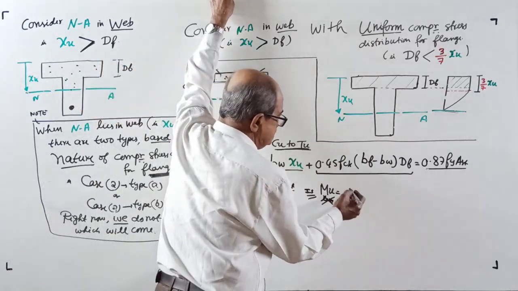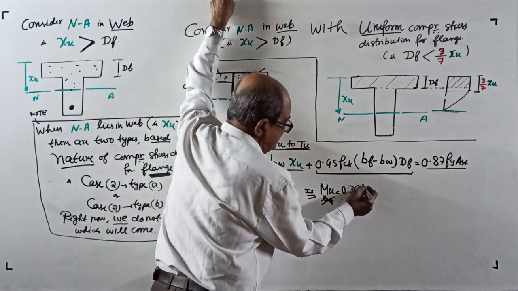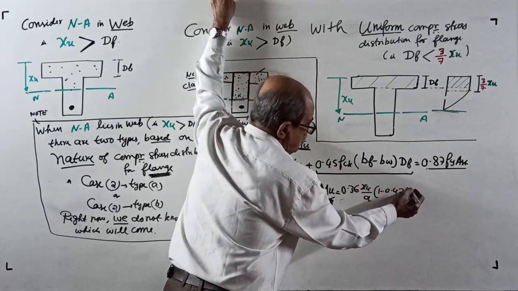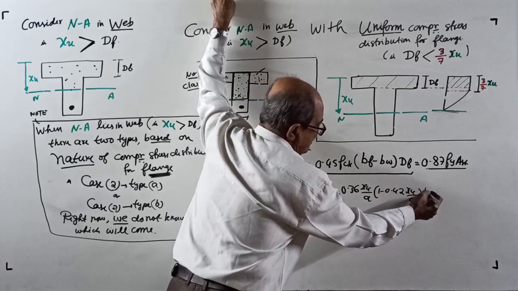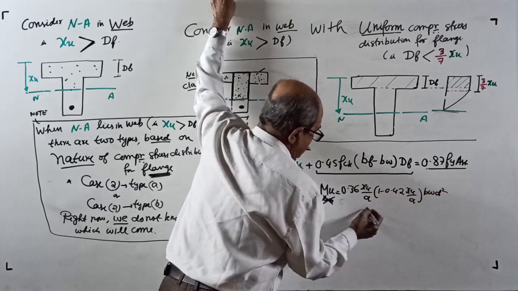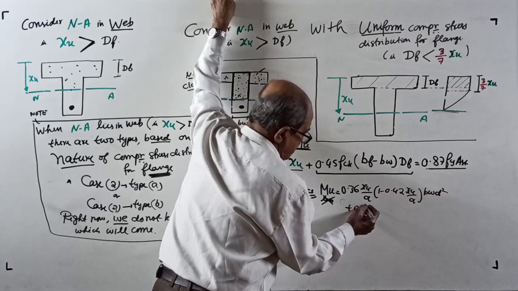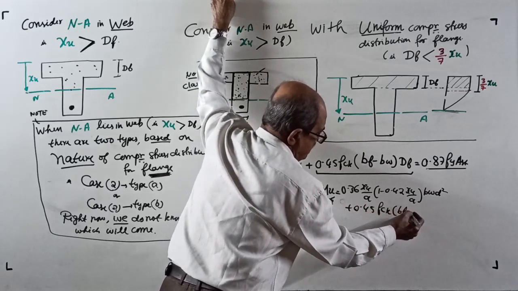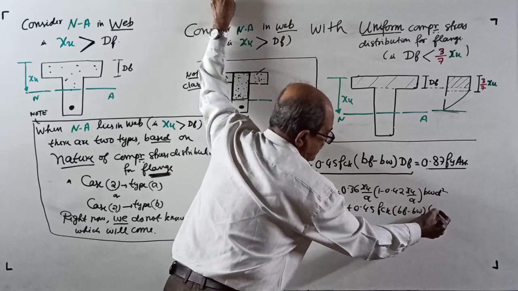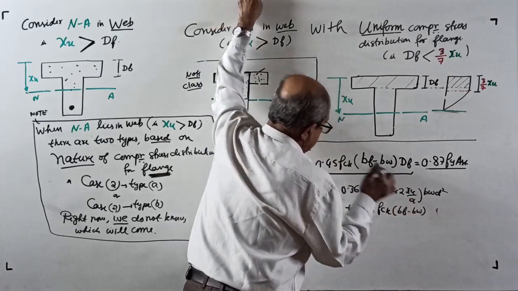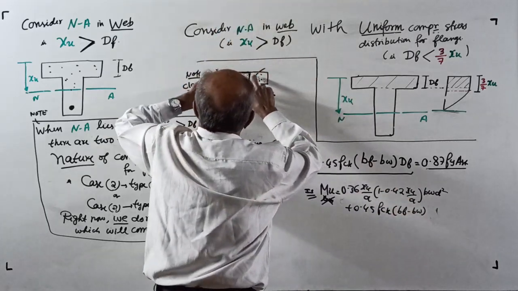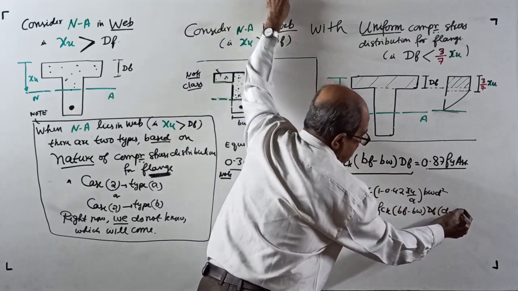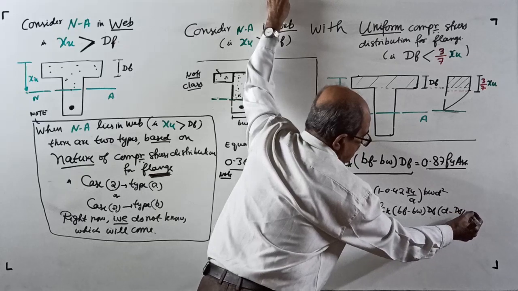Then the formula in the IS code is 0.36 into xu by D into 1 minus 0.42 into xu by D into bw into D square plus 0.45 fck into bf minus bw into Df into D minus Df by 2.